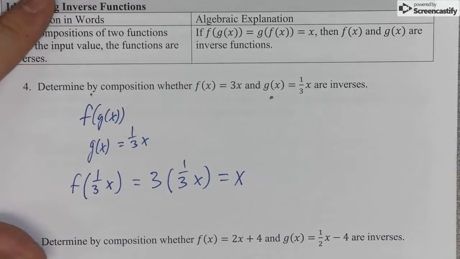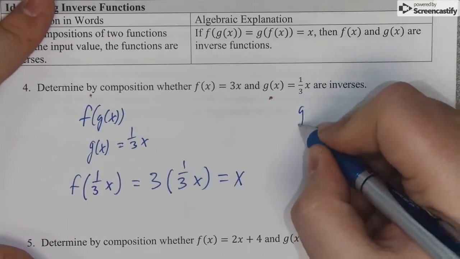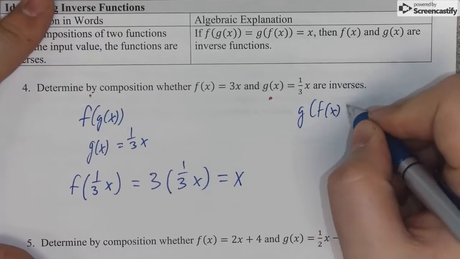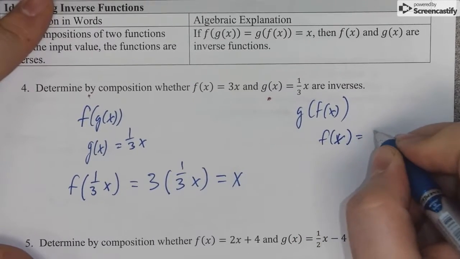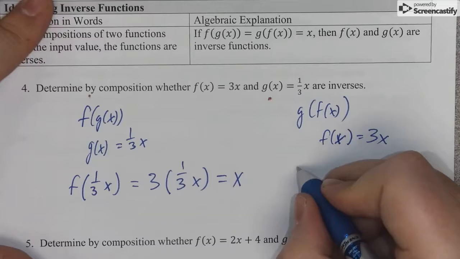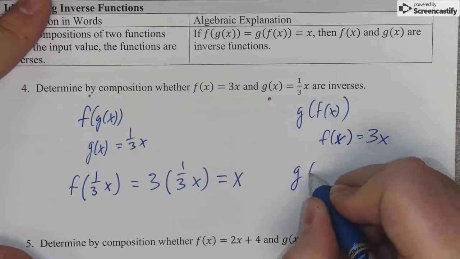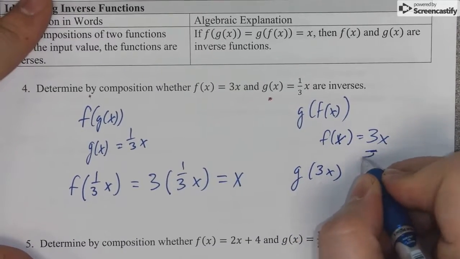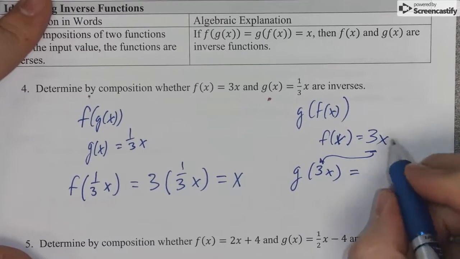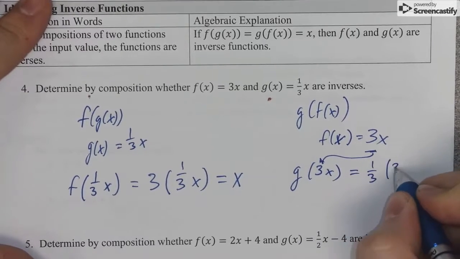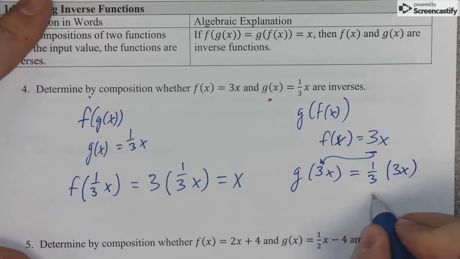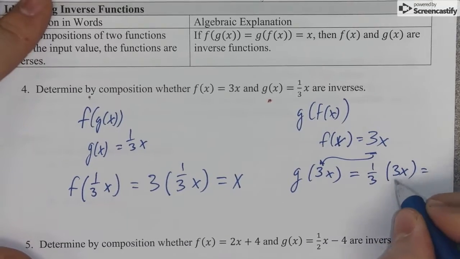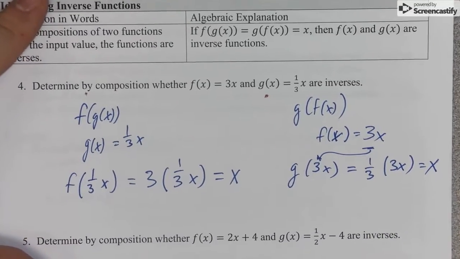So I'm okay there. Now I'm going to check g of f of x. I know f of x is 3x, so I'm going to do g of 3x. Plugging this in is going to be 1/3 times 3x, and 1/3 times 3x is just x.